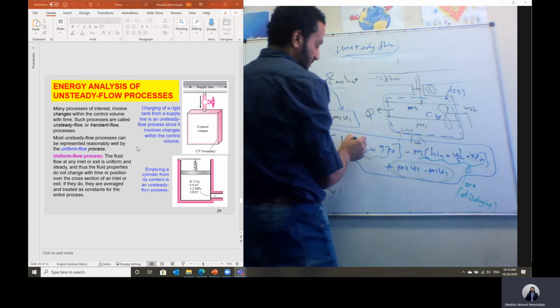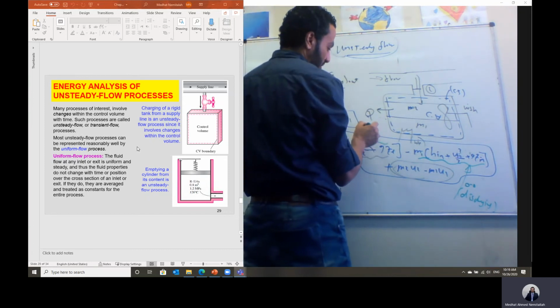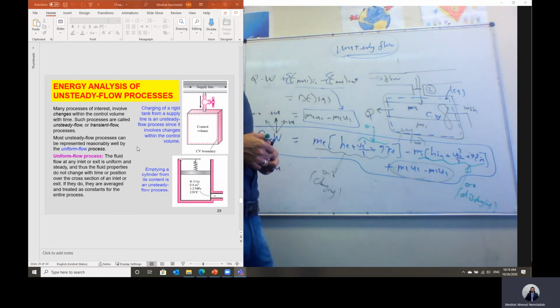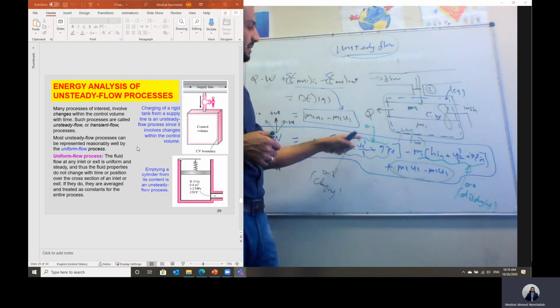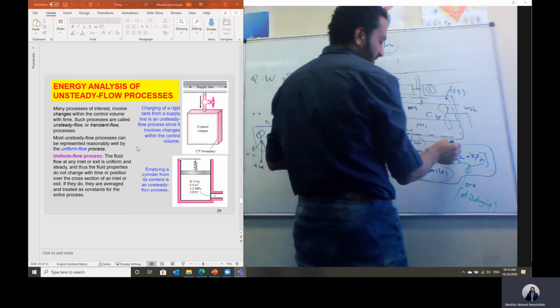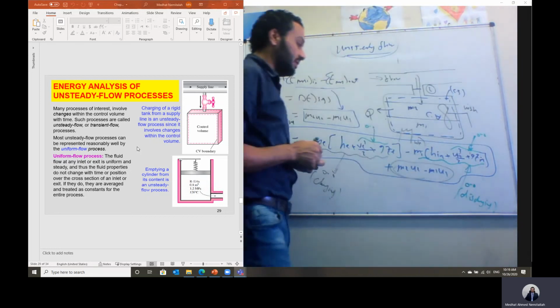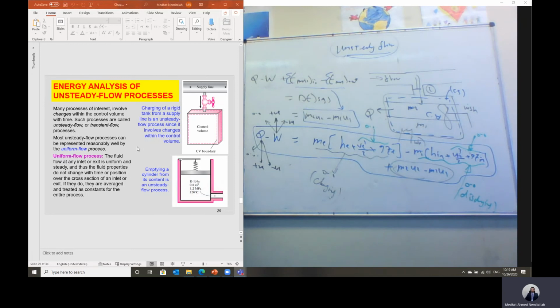But what about this term? Kinetic energy plus potential energy. Usually they are 0 if they are not given or required. So usually for unsteady flow, those two terms will be neglected if they are not given or required. Okay, so we'll see, inshallah, once we start to solve the problem that this elongated equation will be much reduced.